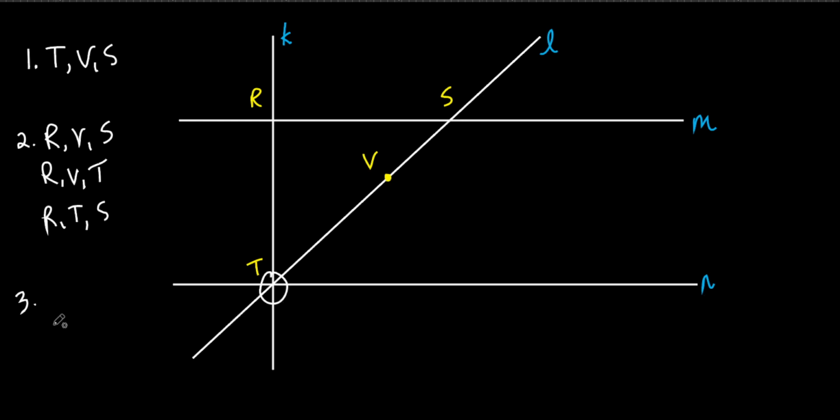That's right. So my answer would be, since they're lines, I got to write the word line in front of it, right? Why didn't I write anything here? Because with points, you don't have to write the word point. You just put a capital letter, and everybody knows that that's a point, okay? But a line, you got to write line K, and then line L, and then line N. All right?